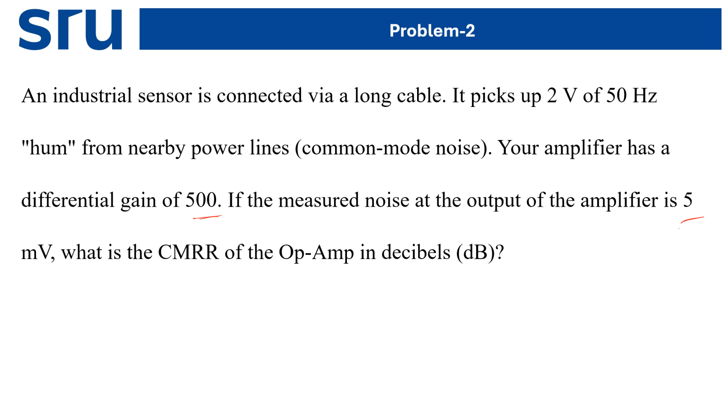So the basic purpose of finding this parameter is to understand how good the differential amplifier is at rejecting the common modes, because the basic purpose of building any differential amplifier is to enhance the differential gain while rejecting the common mode gain, right? So now, as you know, the formula for CMRR is the ratio between the differential gain and the common mode gain. Okay, let's write these things.